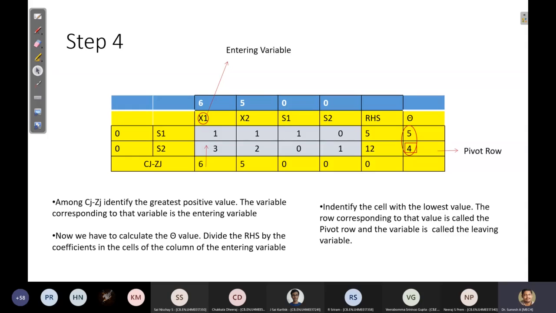What is the key number? 3, sir. Correct. So the entering variable is x1, the leaving variable is s2, and the key number will be 3.